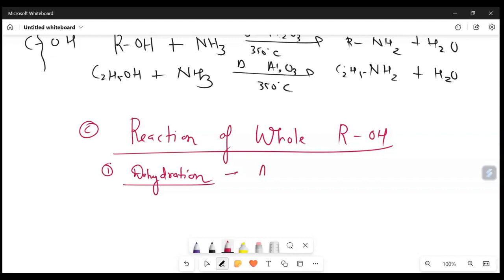If we need to convert alcohol to alkene, it depends on the dehydrating agent, temperature and amount of alcohol. So alcohol can be converted into alkene as well as ether.